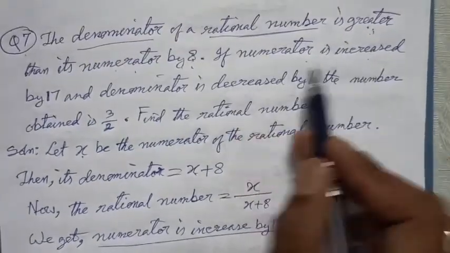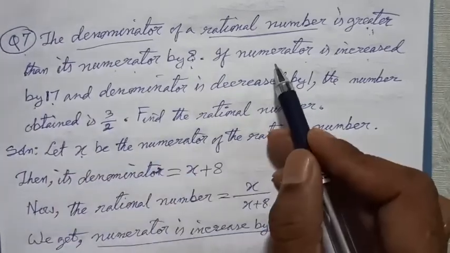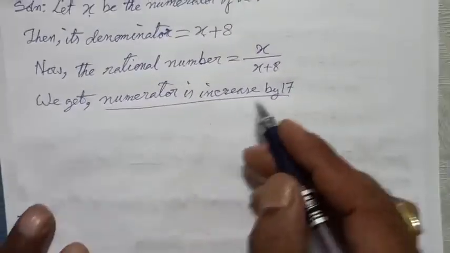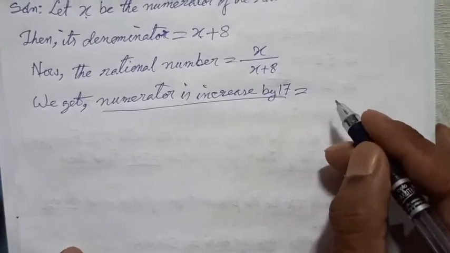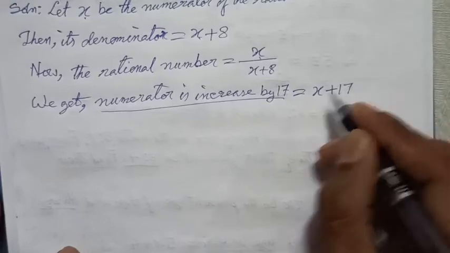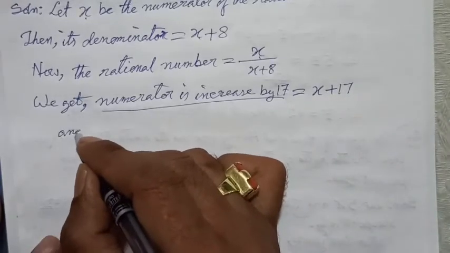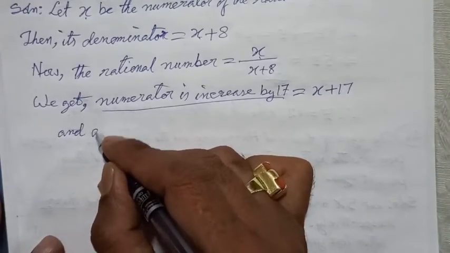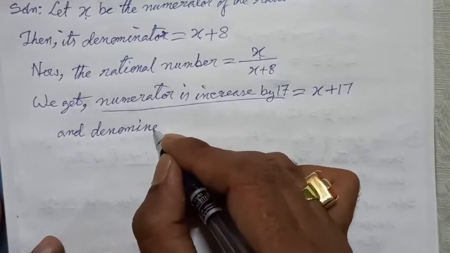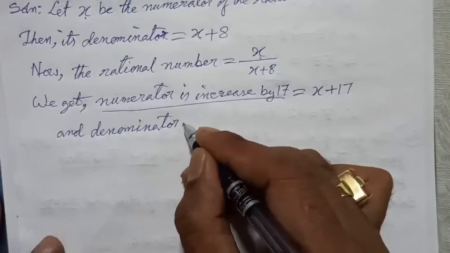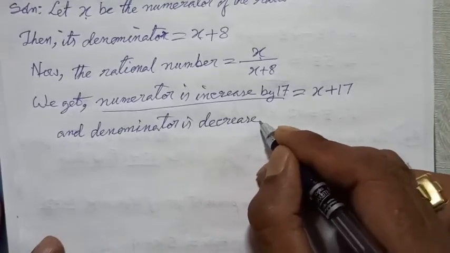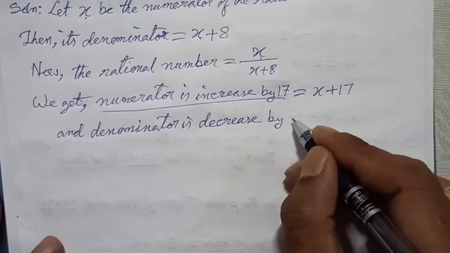If the numerator is increased by 17, numerator is x and increased by 17 means x plus 17, and denominator is decreased by 1.